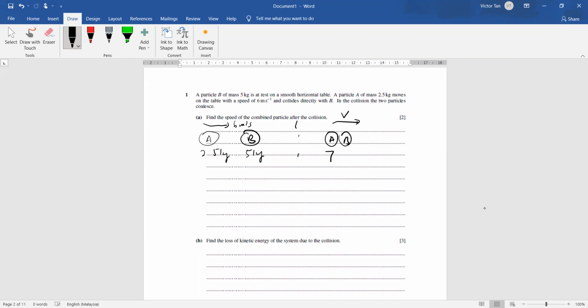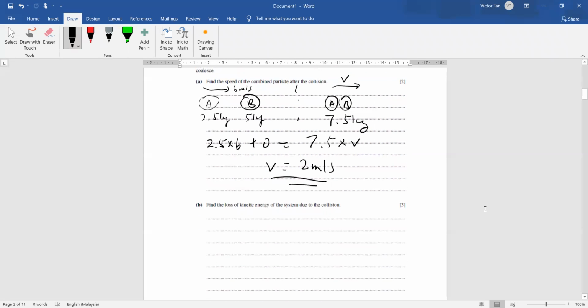So the combined mass is 7.5 kilograms. Using the law of conservation of momentum: 2.5 kilograms times 6 meters per second. B has a momentum of 0. The final momentum is 7.5 times V. So V equals 2 meters per second.